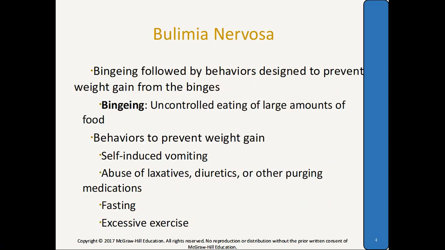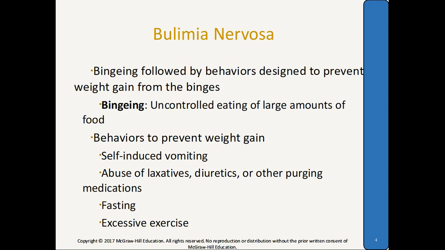Bulimia nervosa, on the other hand, is binge eating that's followed by behaviors designed to prevent weight gain from the binges. Bulimia really can be thought about as uncontrolled eating, and it's often extreme overeating patterns. So binging, again, is uncontrolled eating of large amounts of food.